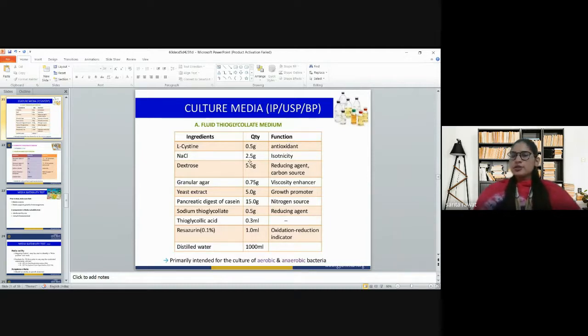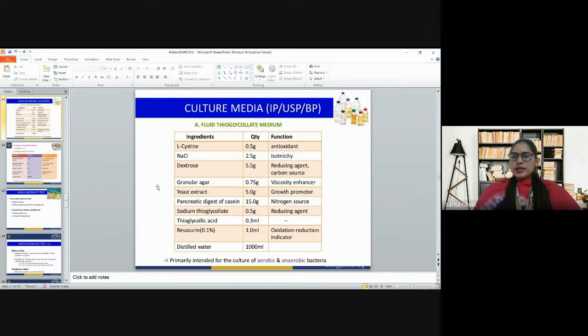Then NaCl 2.5 gram, used for isotonicity. Then dextrose 5.5 gram, a reducing agent and carbon source in the media. Then granular agar 0.75 gram, used as a viscosity enhancer.